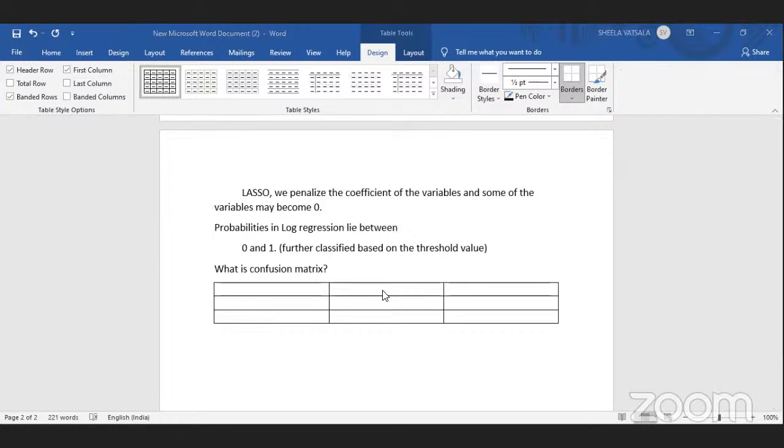Here we have class 1 predicted. Next, we have class 1.